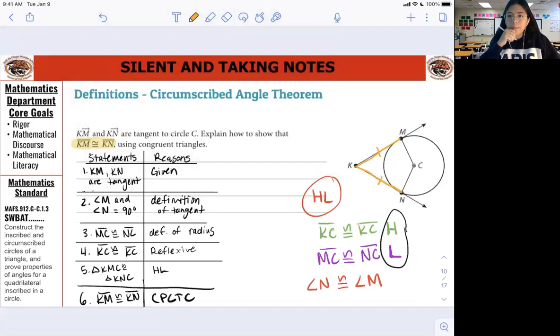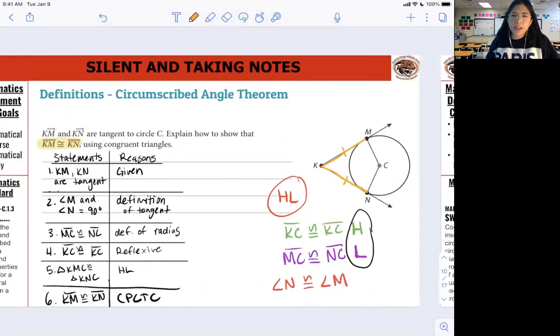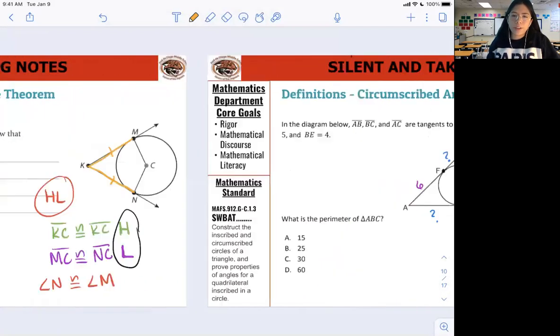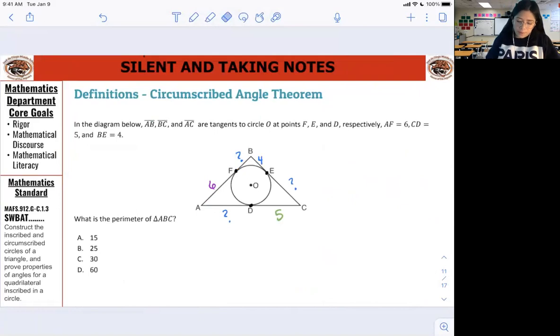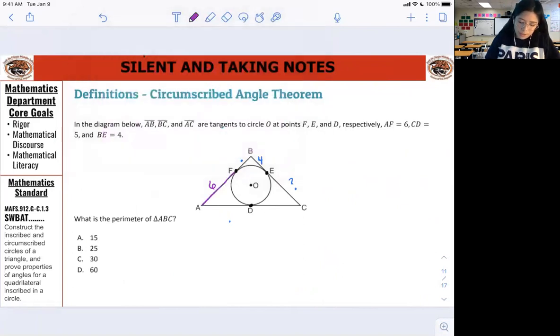They are congruent. So they both add up to 10? Where do you get 10 from? Oh, over here. Okay, so let's fill in what we know. We have three circumscribed angles, don't we? Here's one. So what do I know about the missing side?